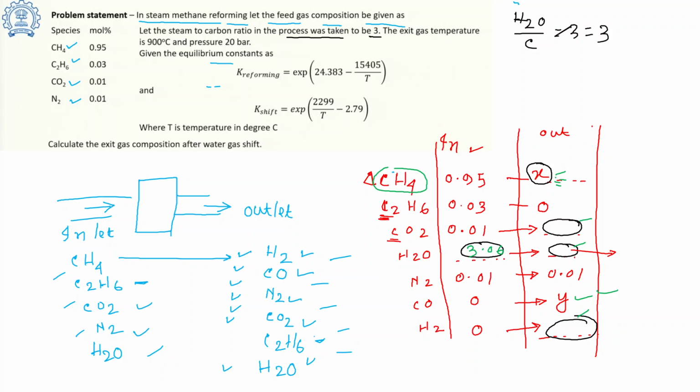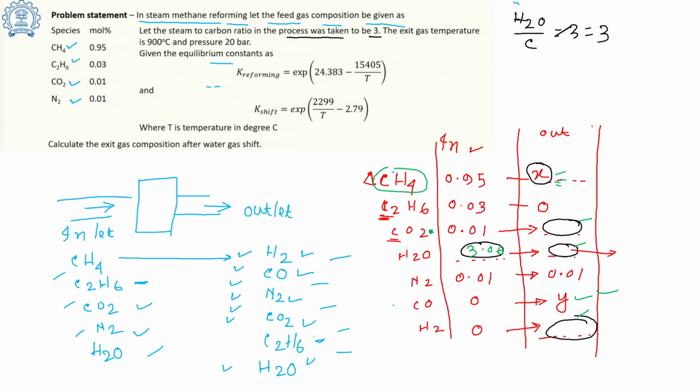So it will be x plus, leaving here is 0, plus carbon monoxide, carbon dioxide. This one is x, plus carbon dioxide, plus carbon. This is y. Okay, this is the leaving, and there is no carbon in the nitrogen, no carbon in the water, no carbon in the hydrogen.